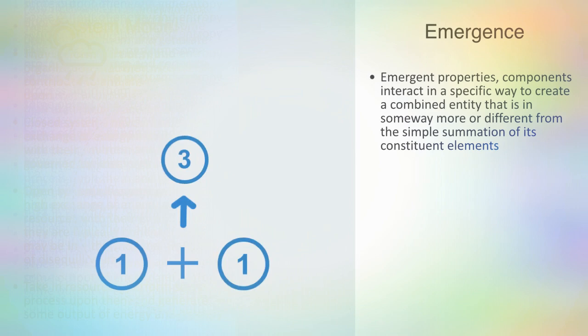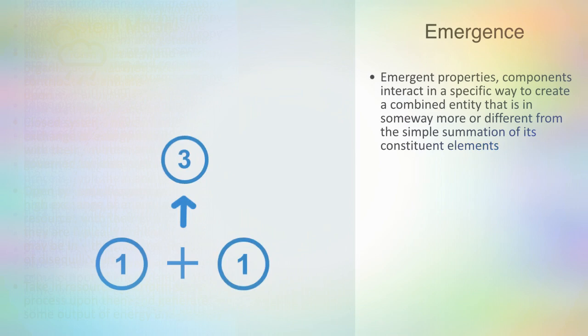Systems have a hierarchical, multi-level structure, with smaller elements nested within subsystems that are, in turn, nested within larger systems and so on, until we get all the way up to the level of the whole environment. Nonlinear systems exhibit emergent properties, that is to say, components interact in a specific way to create a combined entity that is in some way more or different from the simple summation of its constituent elements.